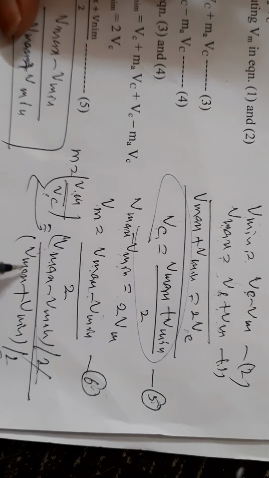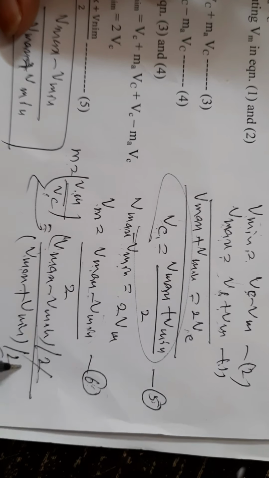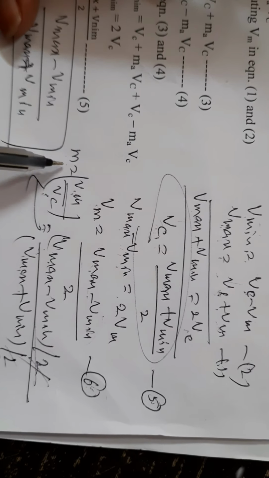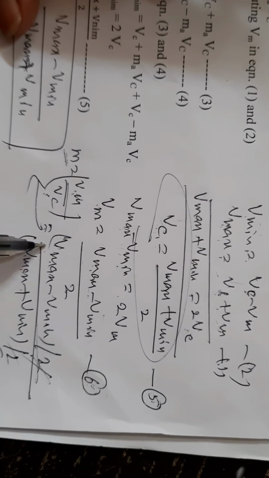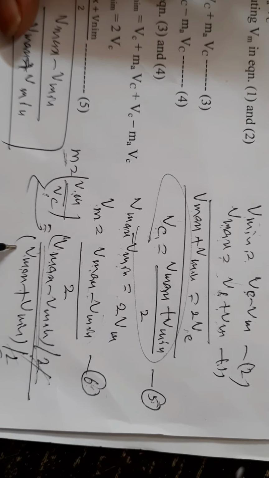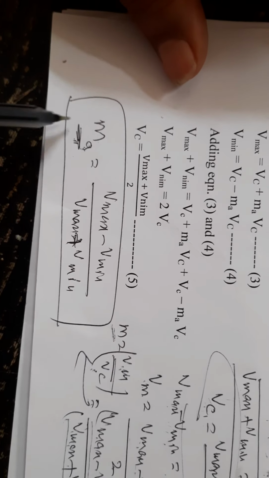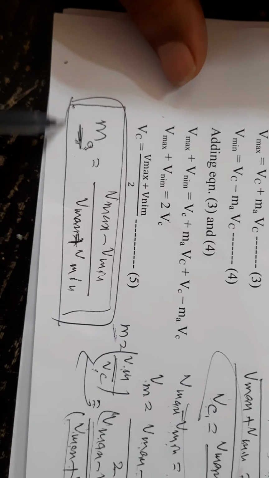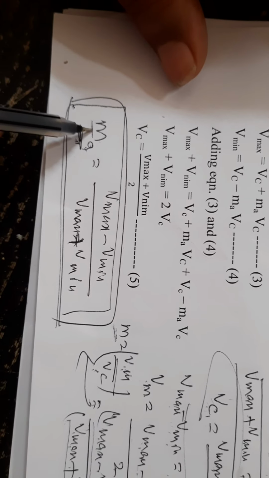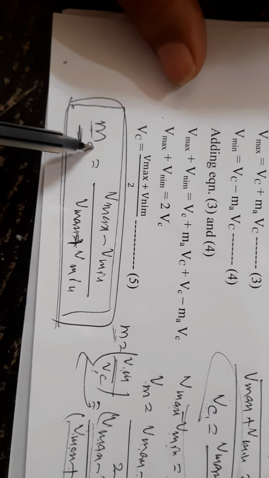The 2s get cancelled. So you get the modulation index m equal to V maximum minus V minimum over V maximum plus V minimum. Thus, this is the derivation of modulation index or depth of modulation in amplitude modulation.